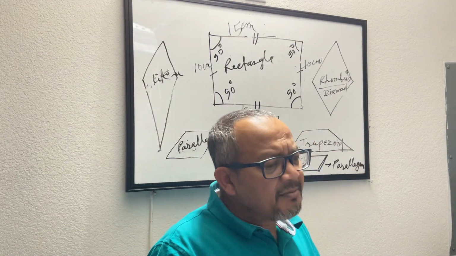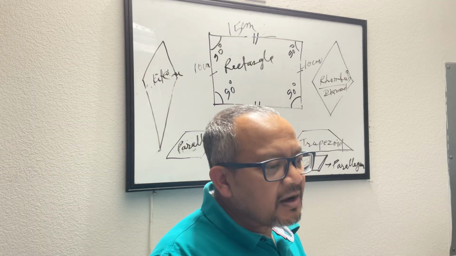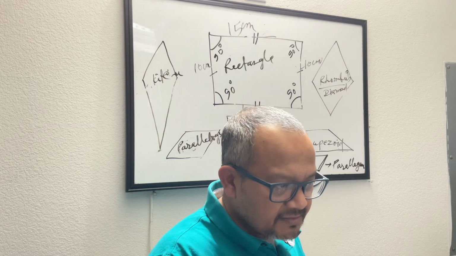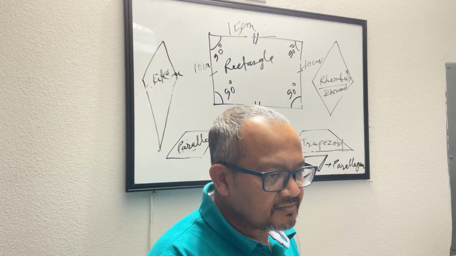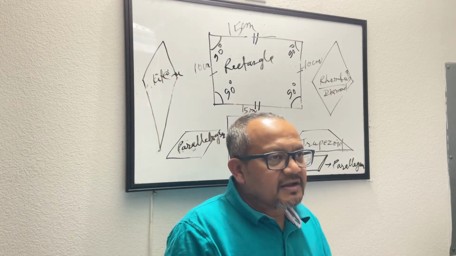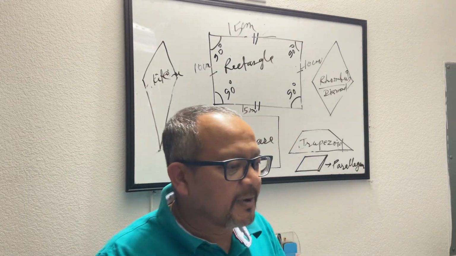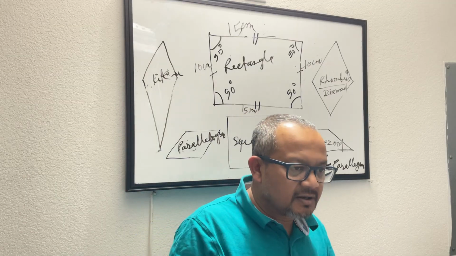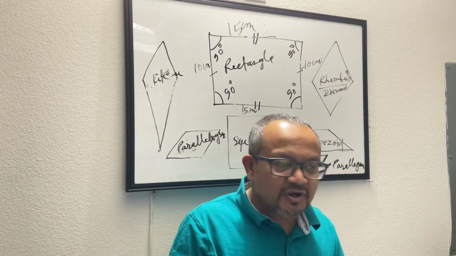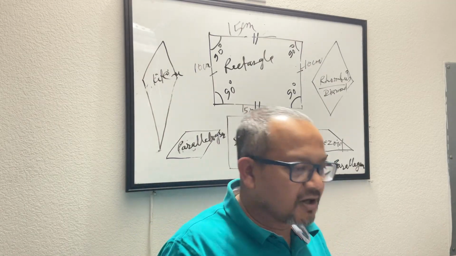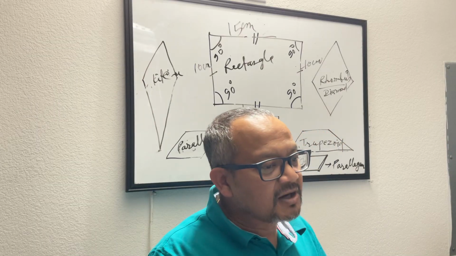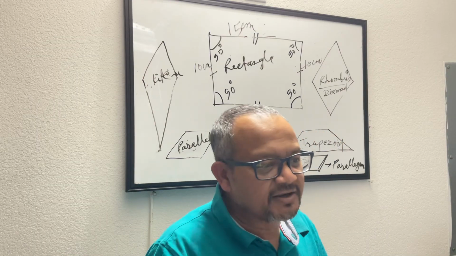But a parallelogram may or may not have all the angles 90 degrees. Now, since you know the property of a parallelogram and the property of a rectangle, if you have to call one of them a father and one of them a daughter, who can be called a father and who can be called a daughter and why?